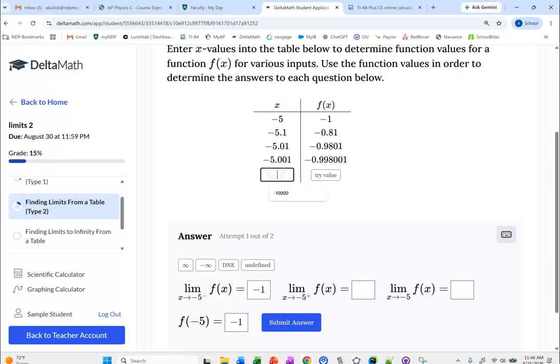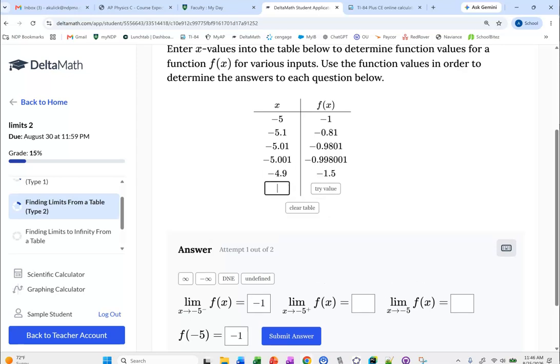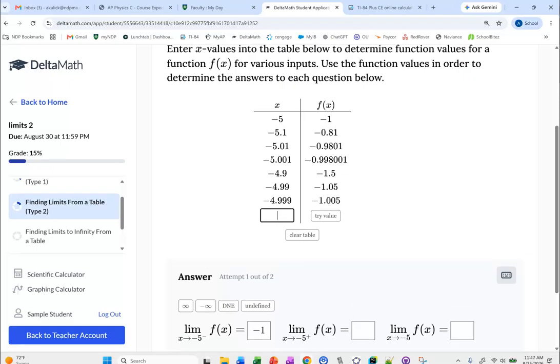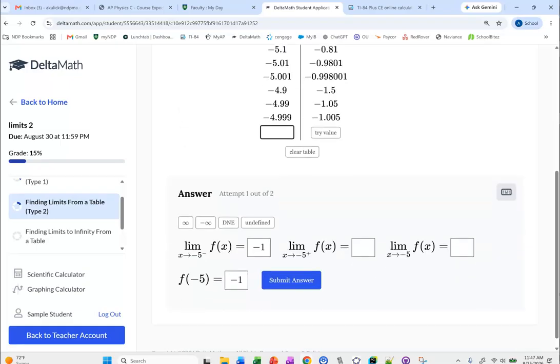All right, so here we'll use -4.9. Okay, well, it looks promising that it's gonna go to -1 also already. So it looks like this is just like a regular old continuous function, everything's hooked together.